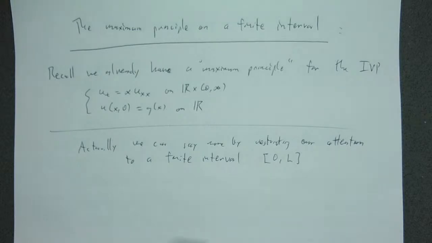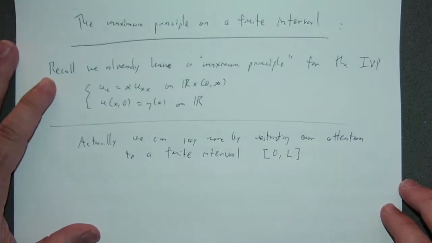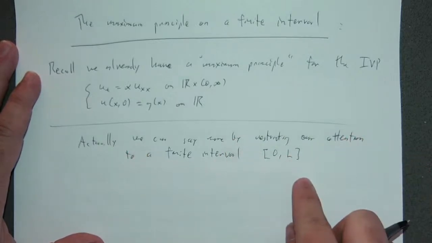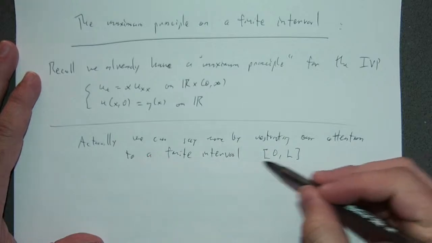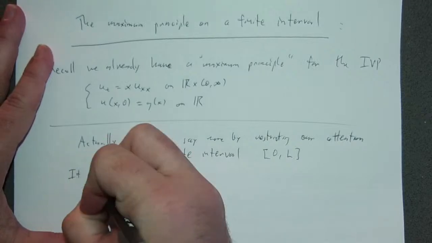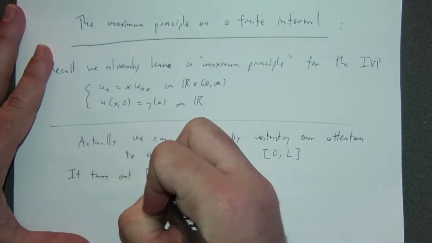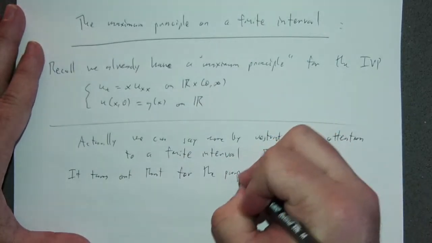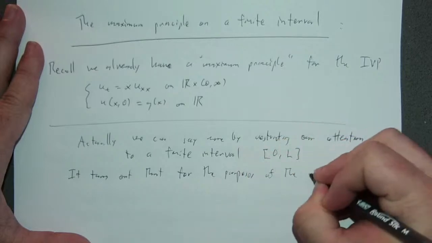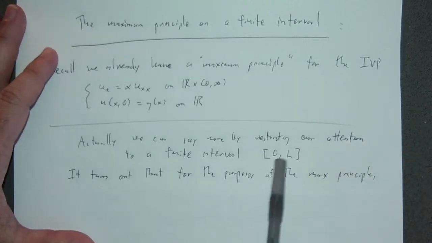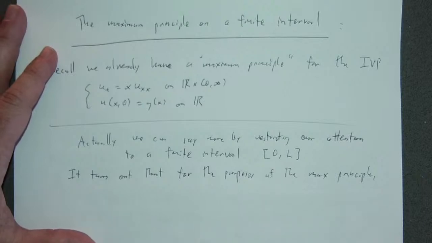But what's the setup for this maximum principle? You might immediately say, wait, why is moving to a finite interval going to tell us more? Usually when you talk about a finite interval, now I need boundary conditions here, and it seems like that complicates things. So it turns out that for the purposes of a maximum principle, the actual boundary conditions at these points don't matter.